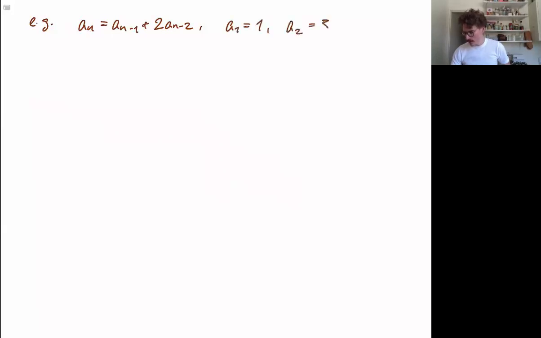This I think will be nice because the equation turns out to be a little bit less complicated. So another example, the other one was an equals an minus 1 plus 2an minus 2. And our initial conditions were a1 equals 1, a2 equals 3.